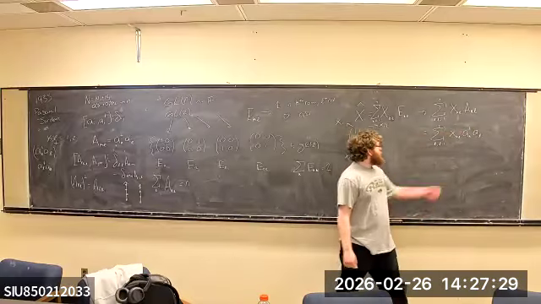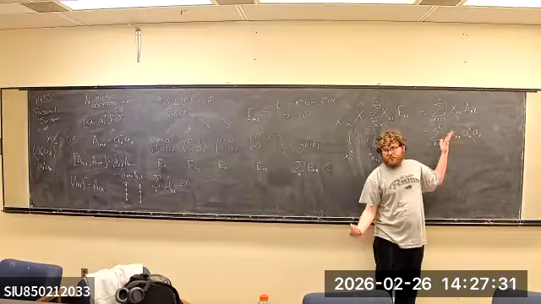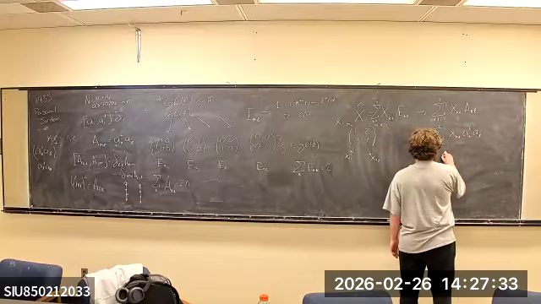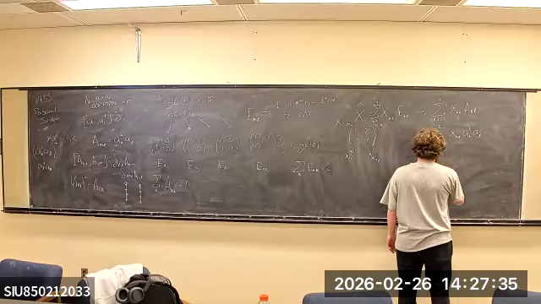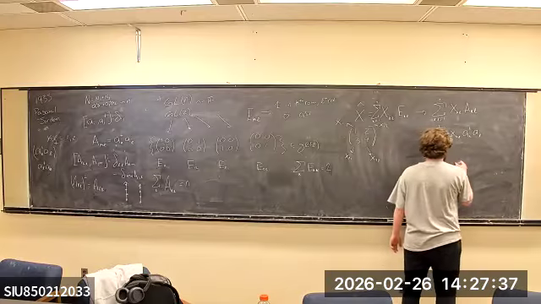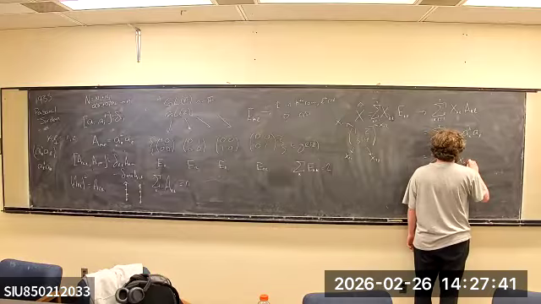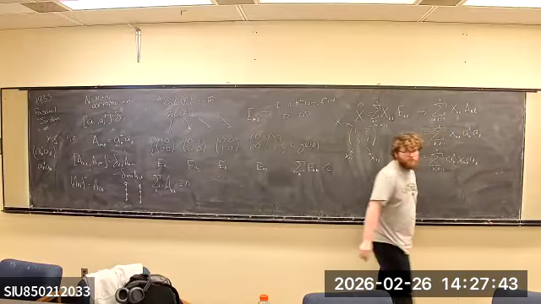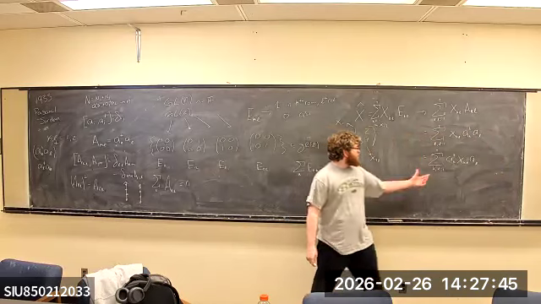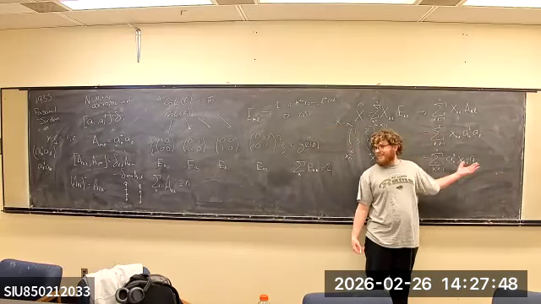Cool. And because XKL is just a number, these commute. So I can write this as the sum, K and L equals 1 to 2, of AK dagger, XKL, AL. Cool.